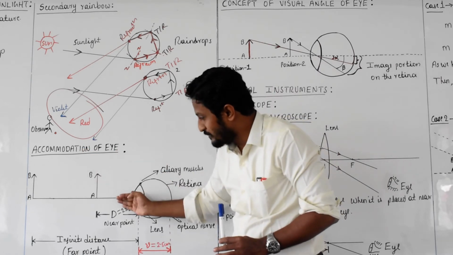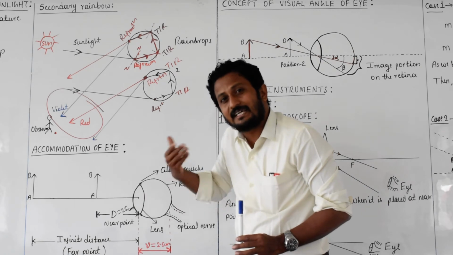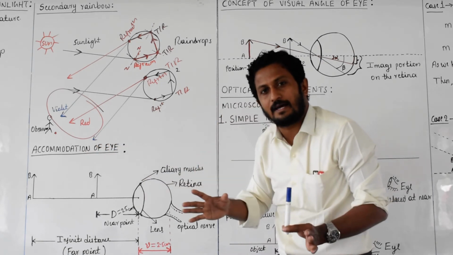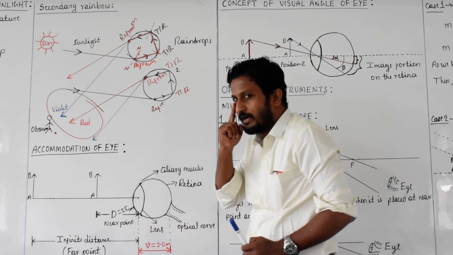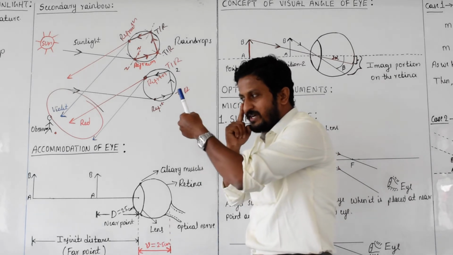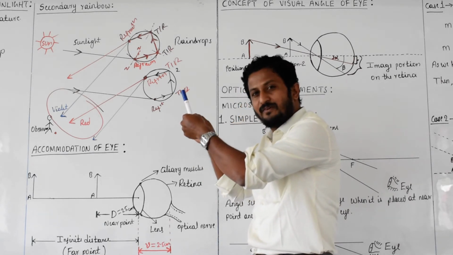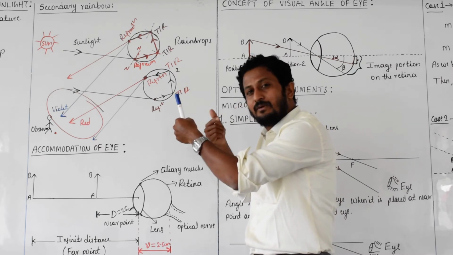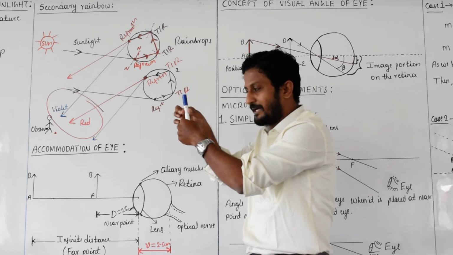If the object is beyond that least distance, then I am able to see it. For a normal eye, it is about 25 centimeters from our eye. If the object is between our eye and the 25th centimeter, then our eye is unable to see a clear image of that object.